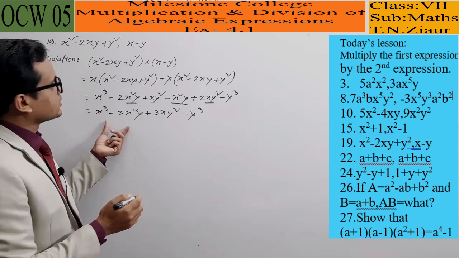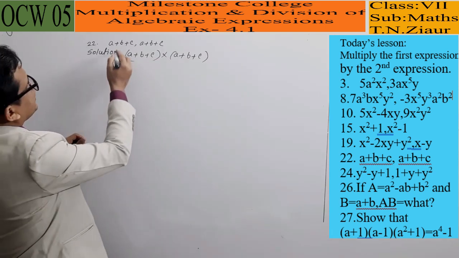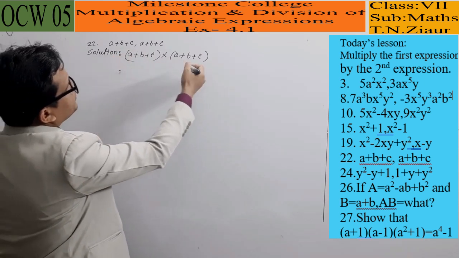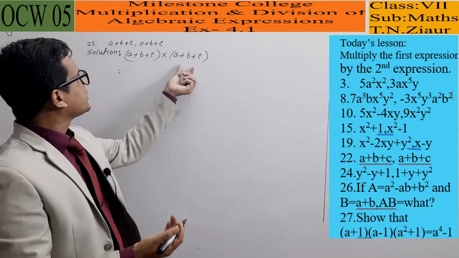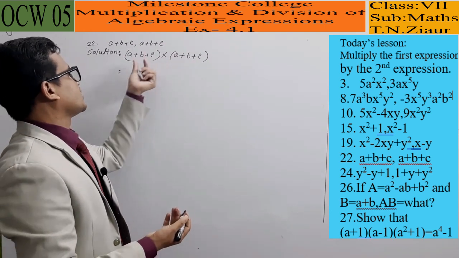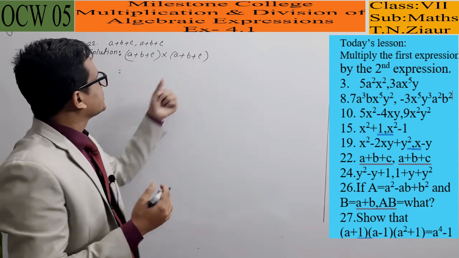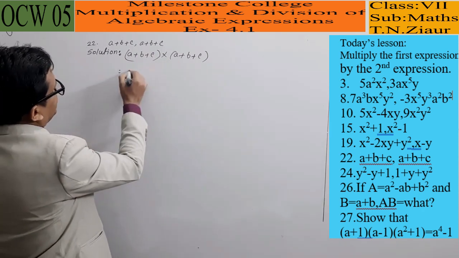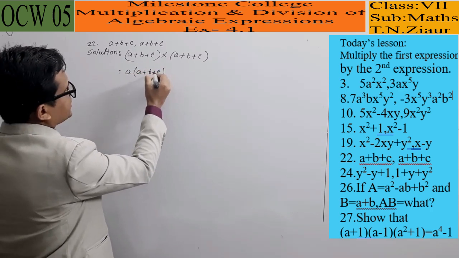Okay, next maths. So now number 22, already I have written a plus b plus c into a plus b plus c. Again we have to write the multiplier into multiplicand. There are 3 terms here in the multiplier, right? So just write here a into the multiplicand, so a plus b plus c, very easy, right?